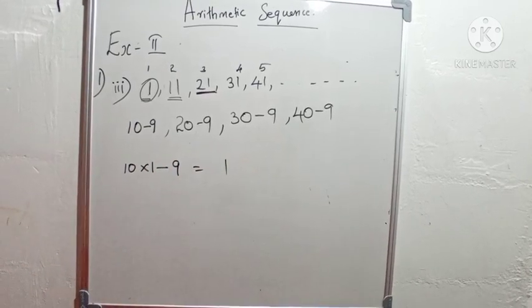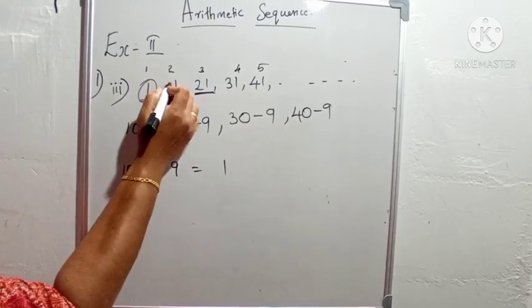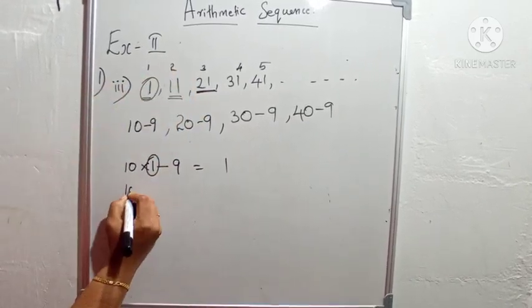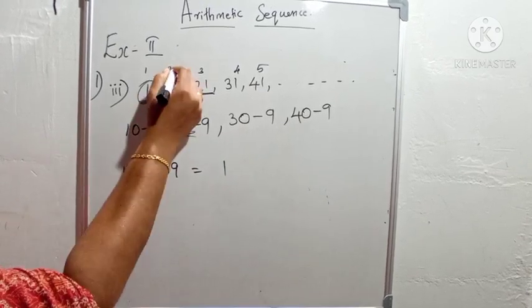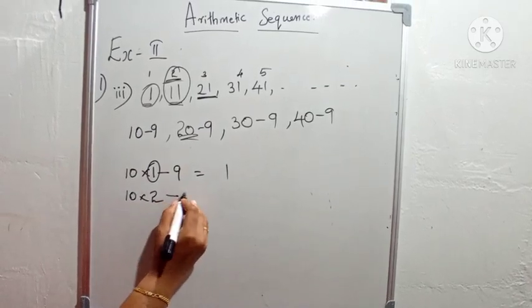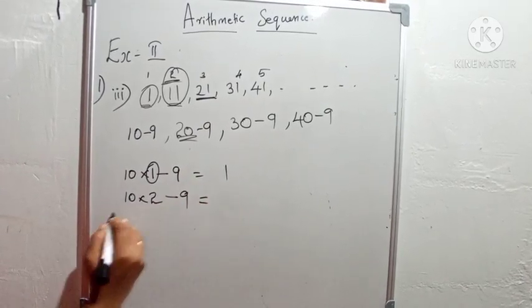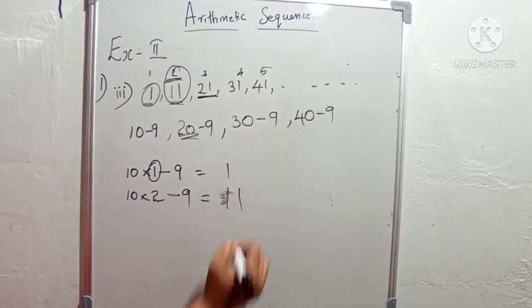This one is the position. Okay. Then, next is, yes, 10 into 2. 20 is 10 into 2, where that 2 is the second position. So, 10 into 2 minus 9. That is equal to 10 into 2, 20. 20 minus 9 is equal to 11.